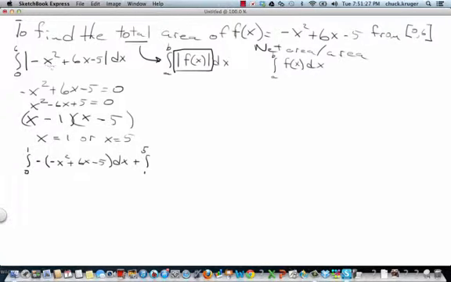I could put 2 in here, and I'd have negative 4 plus 12 minus 5, and that's obviously a positive number. So I'm going to have negative x squared plus 6x minus 5 dx. And then again, I'm going to integrate from 5 to 6, from that intersection point to my end point, of the opposite, because if I put 6 in there I also get a negative value. So I know it's below the x-axis, so I'm going to multiply it by a negative.